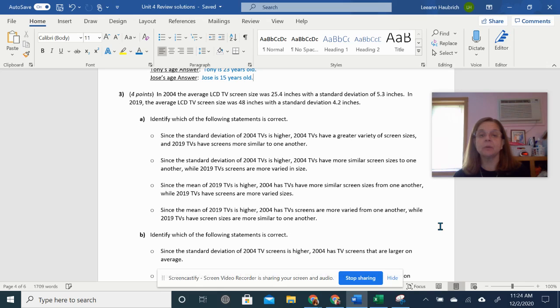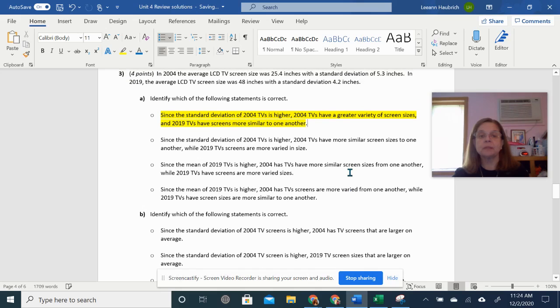It is higher than the other one. 2004 TVs have greater variety in screen size than 2019 TVs have, and 2019 TVs have more similar sizes. Well, based just on standard deviation, this seems to be true. So for now, I'm going to highlight this knowing that is true. If I'm wrong, I'll go back.